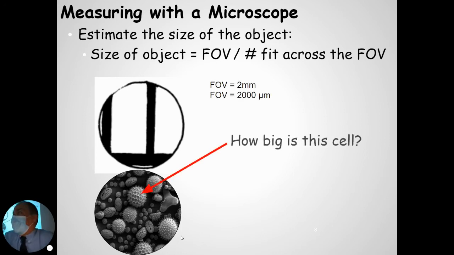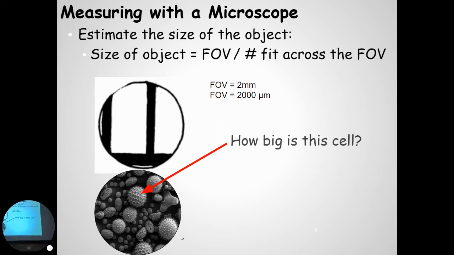So let's say we look in our microscope, we put a ruler under there, and we find that this is what we see. So the field of view in this power is about 2 millimeters, 1 millimeter, and then 2 millimeters here. So if I'm looking at this pollen grain here, how big would you say it is?